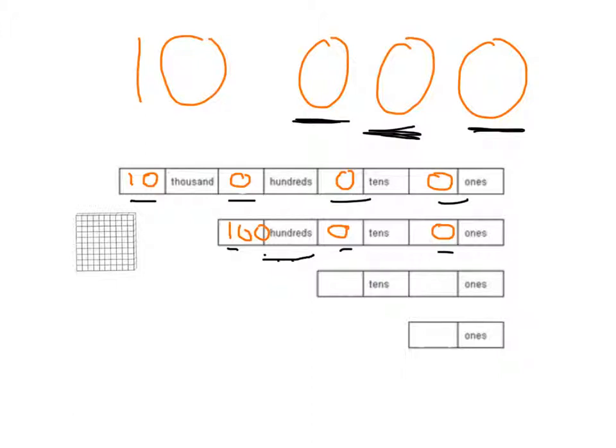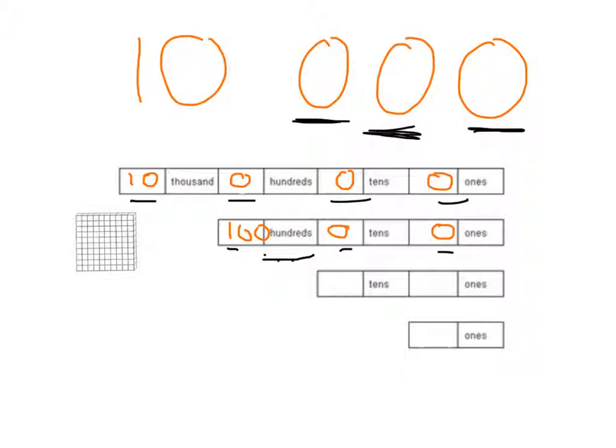So let's have a go with not using hundreds anymore, we're just going to use tens blocks to represent 10,000. Now let's think about it. How many tens blocks would we need to represent 10,000? Yep, that's right.